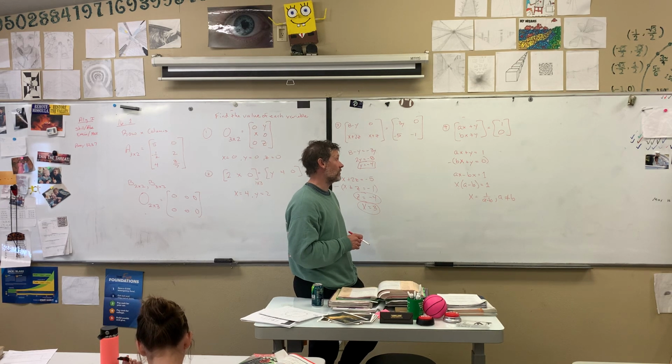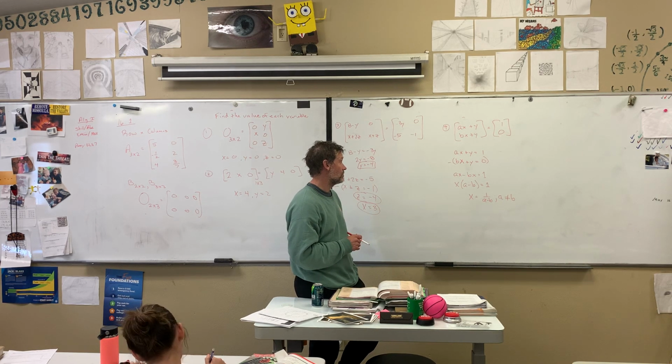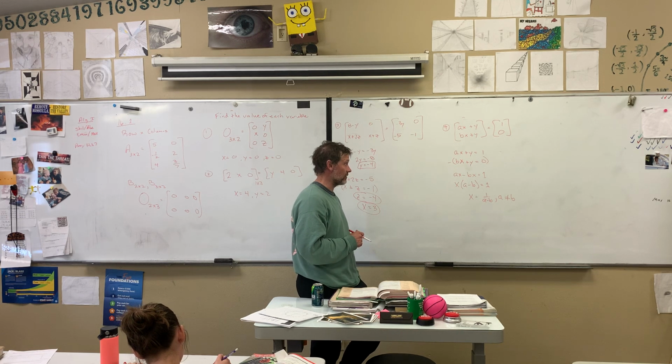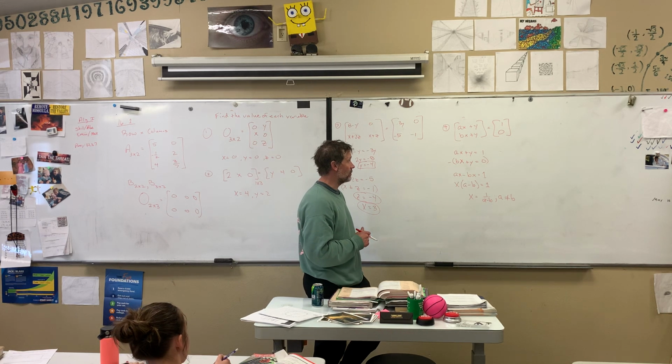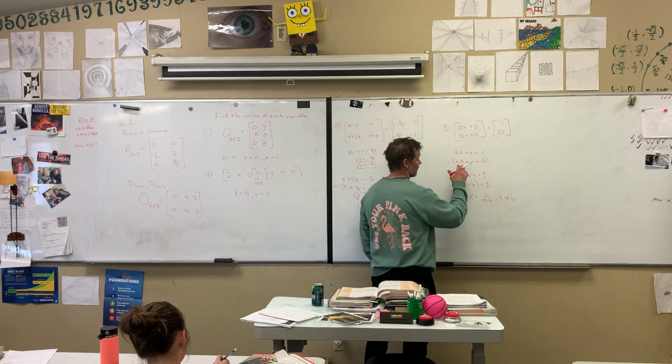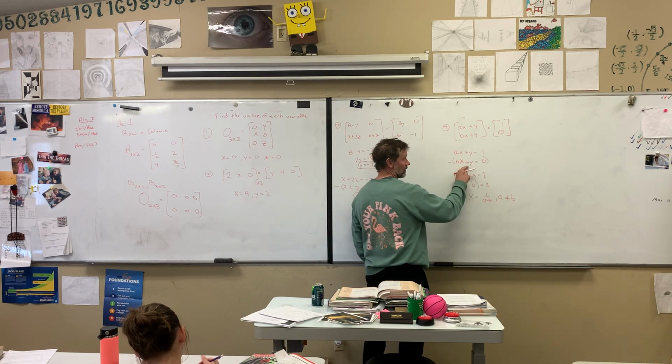So now, what does y equal? Well, I know what x equals, right? What does x equal? 1 over a minus b. So you can plug that in, it doesn't matter. Let's plug it into here, bx plus y.